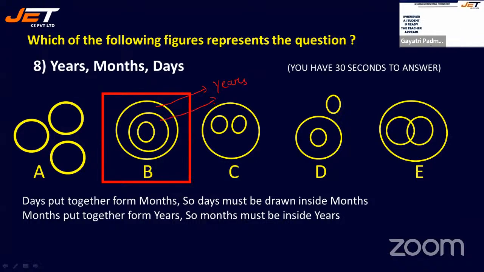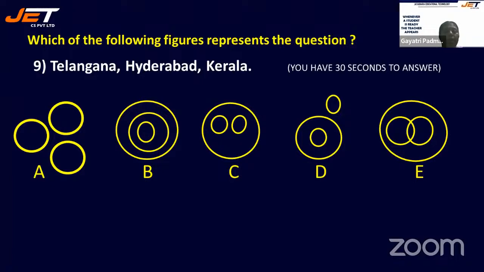And inside years you have months. And inside months you have days. All right. So days put together, you will get months. Months put together, you will have years. All right, students? Yes. I'm sure you would have understood and opted for option B. All right. See the next one.